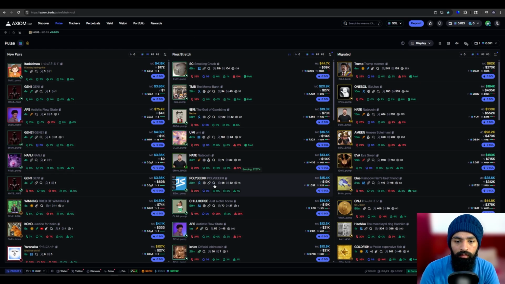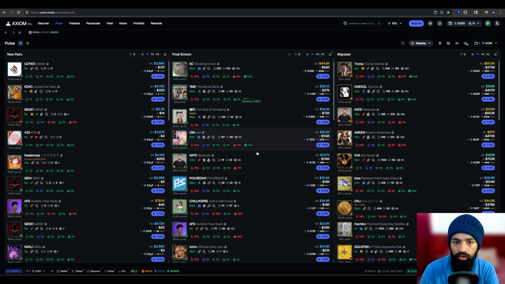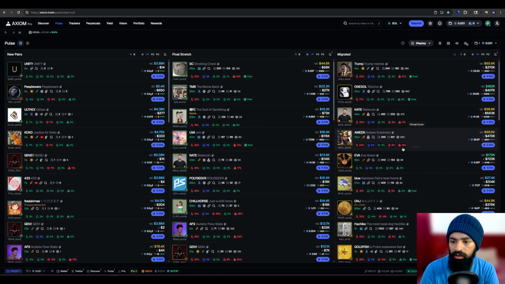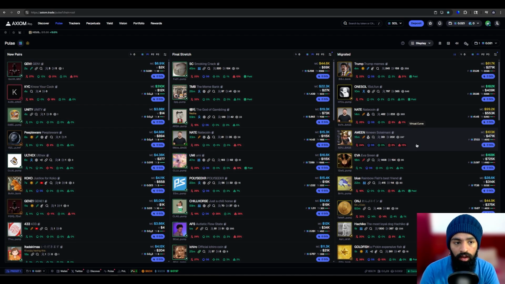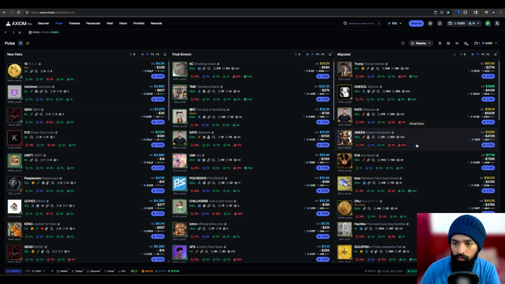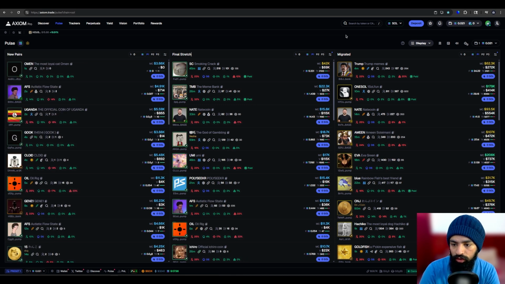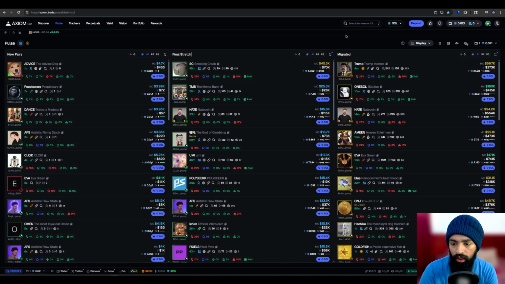In the middle, you could usually get the most potential returns out of these coins. And Migrated is the higher market cap meme coins that have already run. You could still get runners; some of them usually keep going, but when they're migrated, they usually just die out instantly, and only a few will actually keep going.